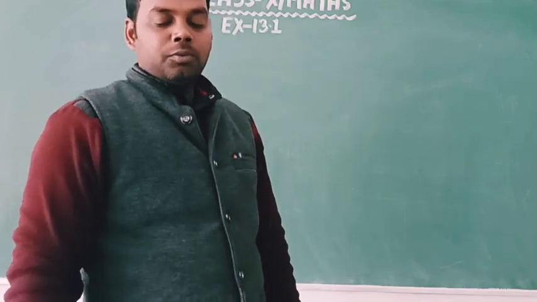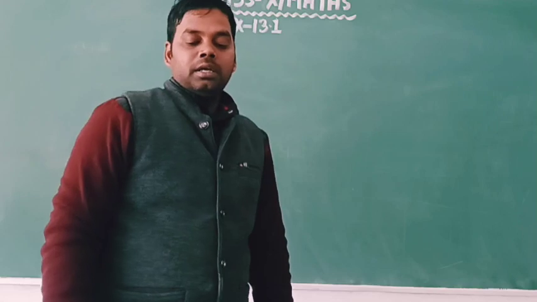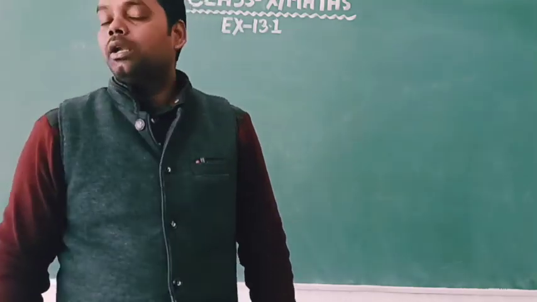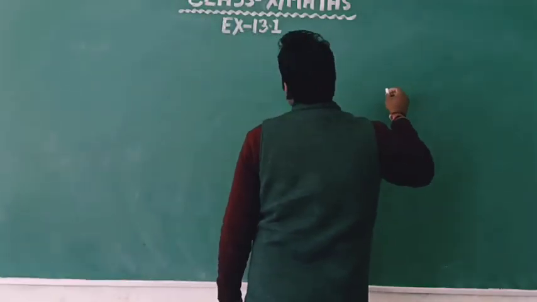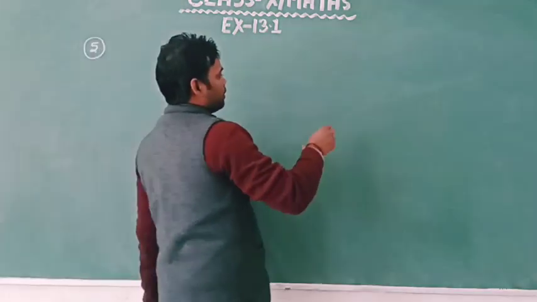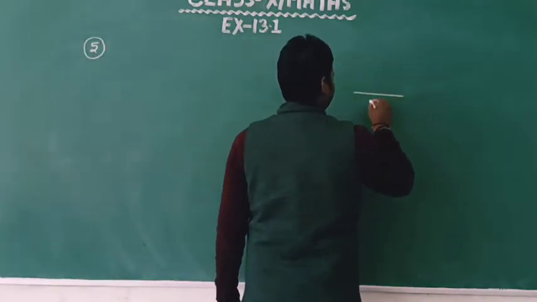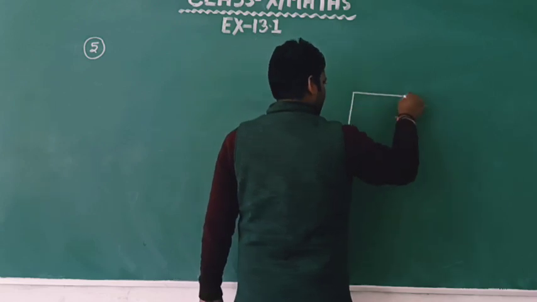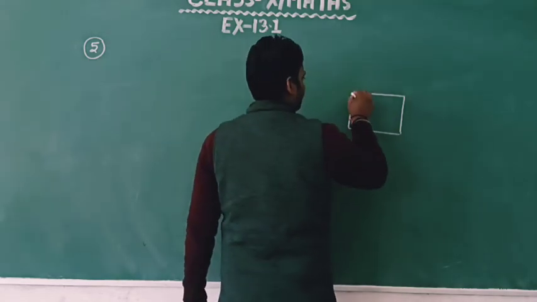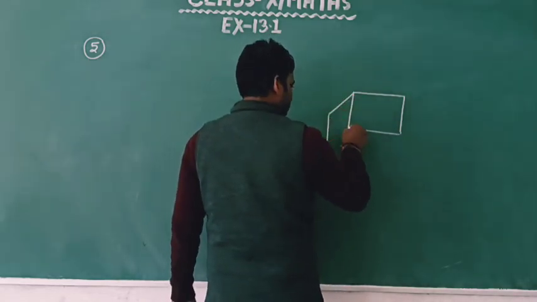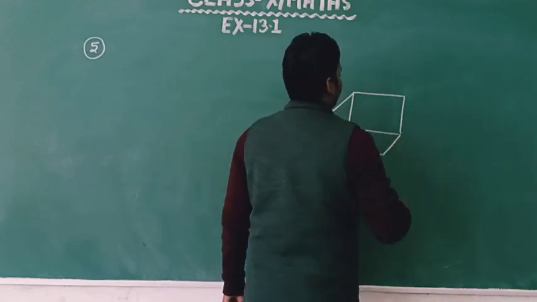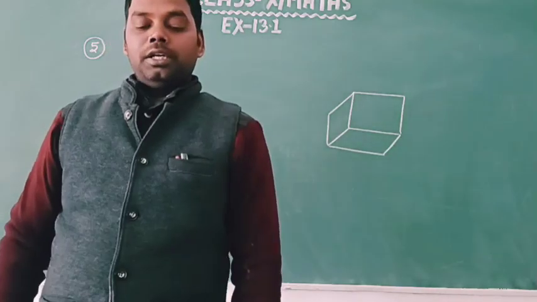So we have a hemispherical depression cut out from one face of a cubical wooden block. This is question number 5. So we have a cube and a hemispherical depression.